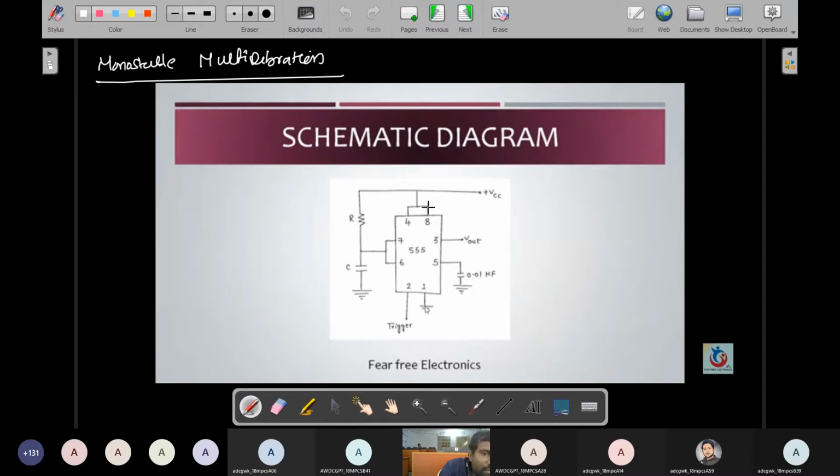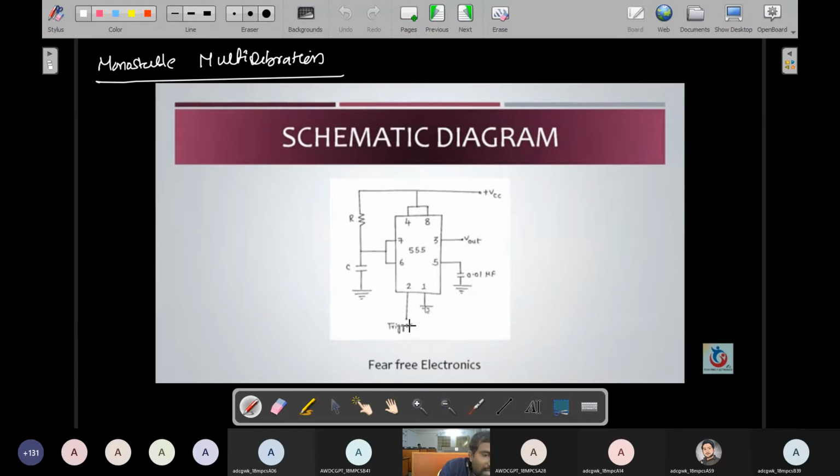Only one resistor R is used, with plus VCC directly connected to it. After that it is connected to the capacitor, and the last terminal of the capacitor is connected to ground. Here I use an external trigger pulse, so we take the input as a trigger.